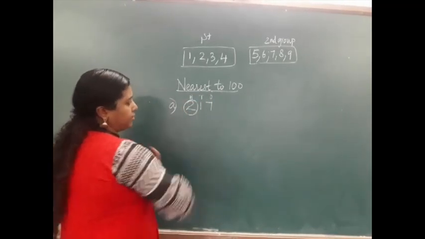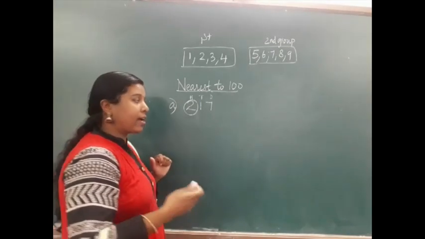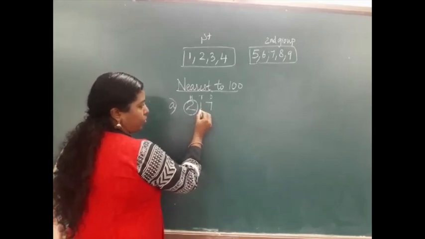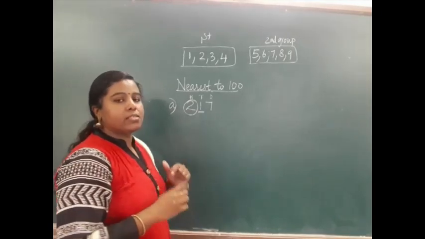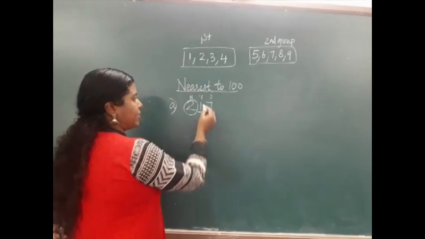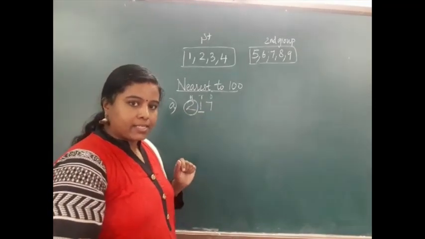So I circle here. Now what is the next step? Underline the digit to the right of it. So what is the digit to the right of it? 1 in the tens place. So whenever we are rounding the numbers nearest to 100, you have to look at the digit in the tens place. So this digit we underline. Now what is the next step?